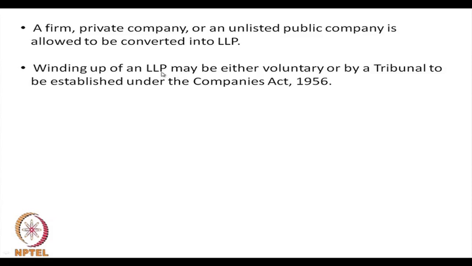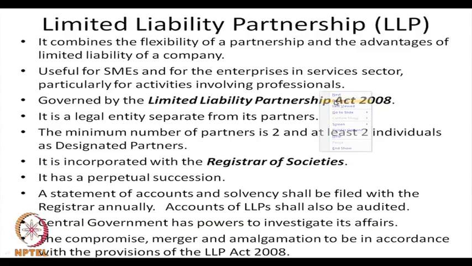And if an LLP has to be wound up, it can be done either voluntarily or by a tribunal which can be established under the Companies Act 1956. So, these are the features of a limited liability partnership type of firm.